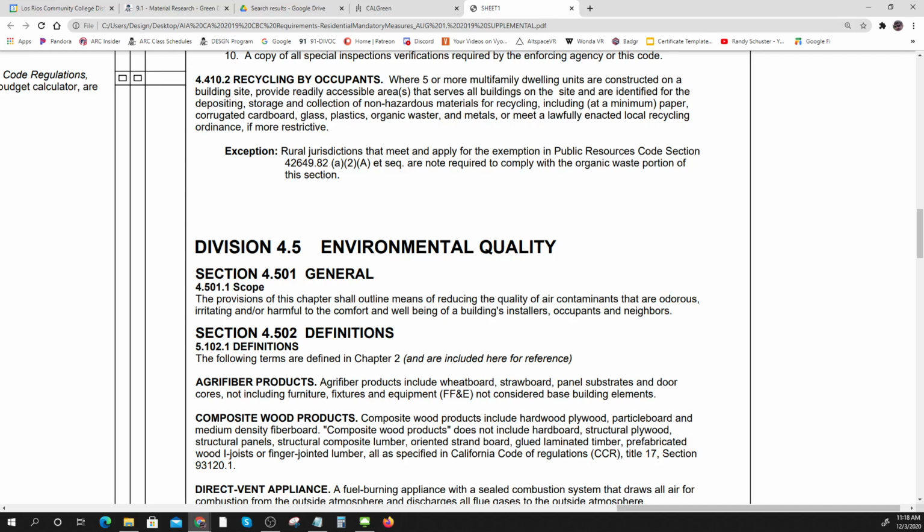So personally, I'm very happy that we have something like this. Some people thought, it's going to kill construction, and it's going to do this, and it's going to do that. It actually did the opposite.